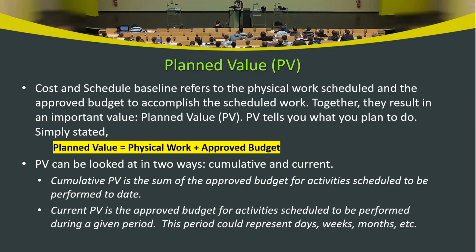So we can have the relationship that planned value is equal to physical work plus approved budget. Planned value: physical work and approved budget. So it combines both schedule and cost.